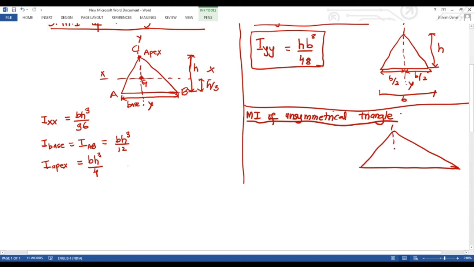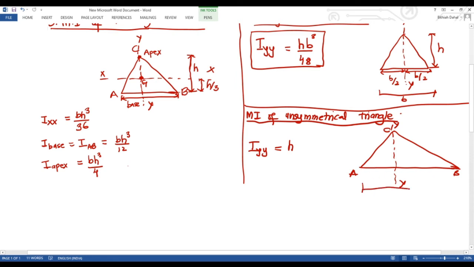My y axis will pass from the apex. Let this be A, B and C. Now for this unsymmetrical triangle, my moment of inertia about I y will be equal to H times something.